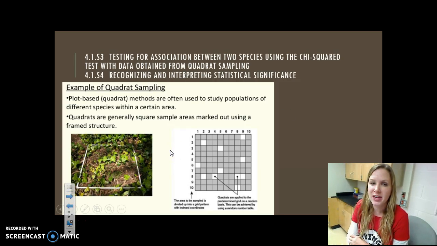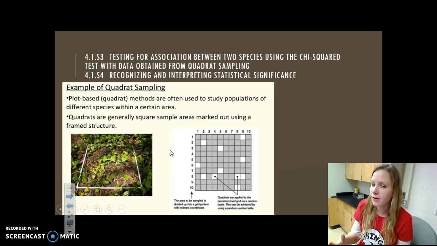So what you're going to be looking at today is chi-square, like I told you, and statistical significance, which we've already done.